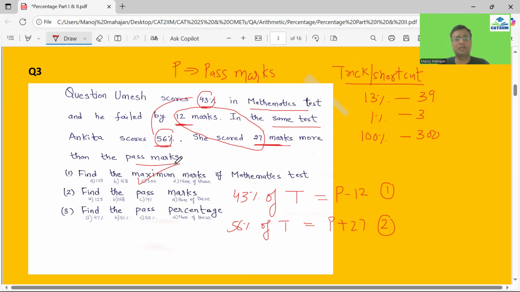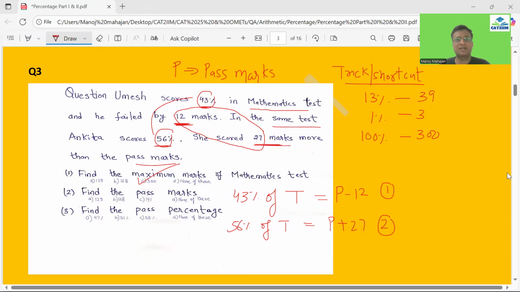Now, if you want to get the pass marks and the pass percentage also, remember one thing, this is 12 below the pass marks, right? What he got over here, which means that if he would have got 12 more marks, he would have got the pass marks.